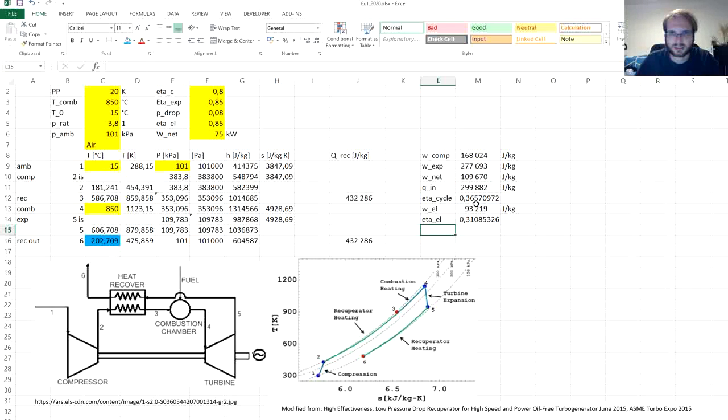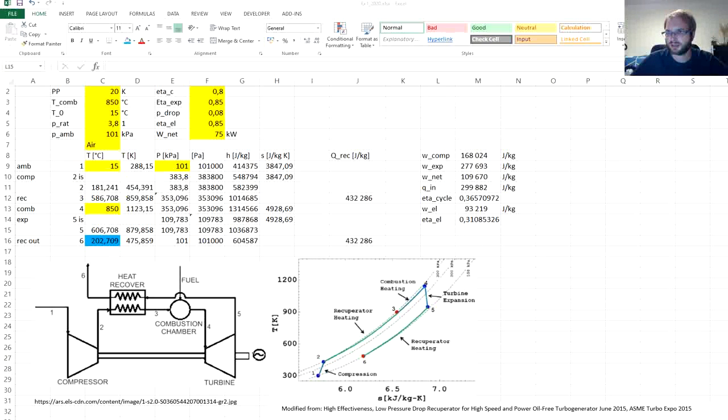And we can see that from 37% we drop down to 31%. For very small and compact systems, still not that bad. So these are, let's say, the electrical parameters.